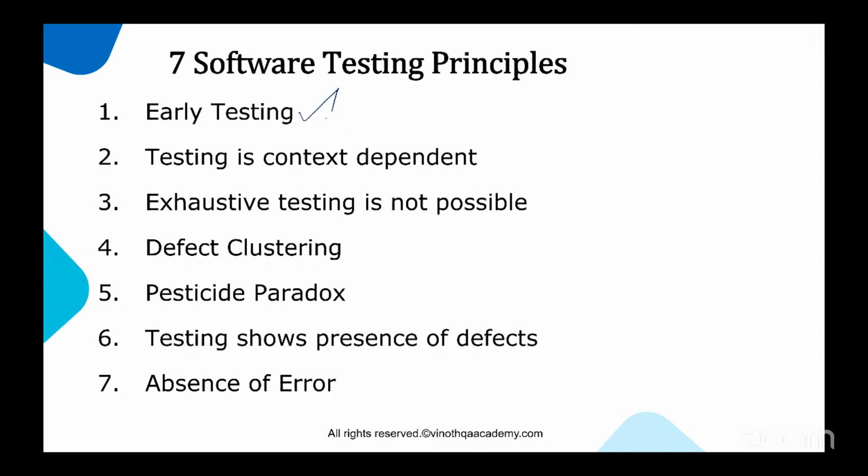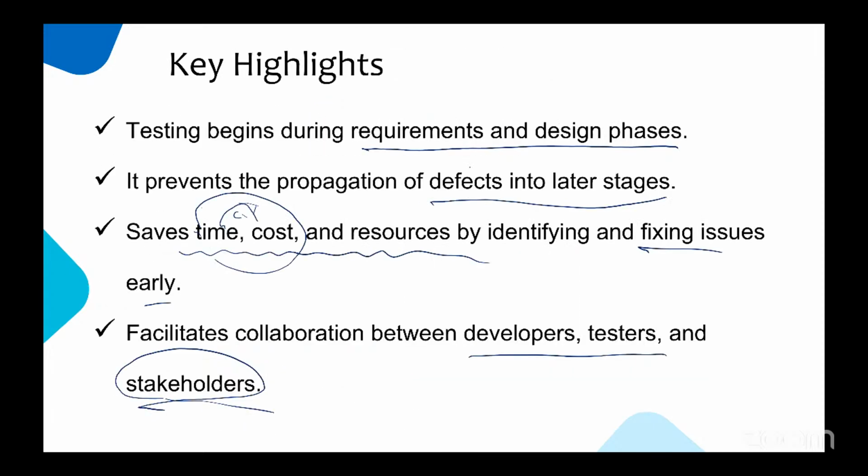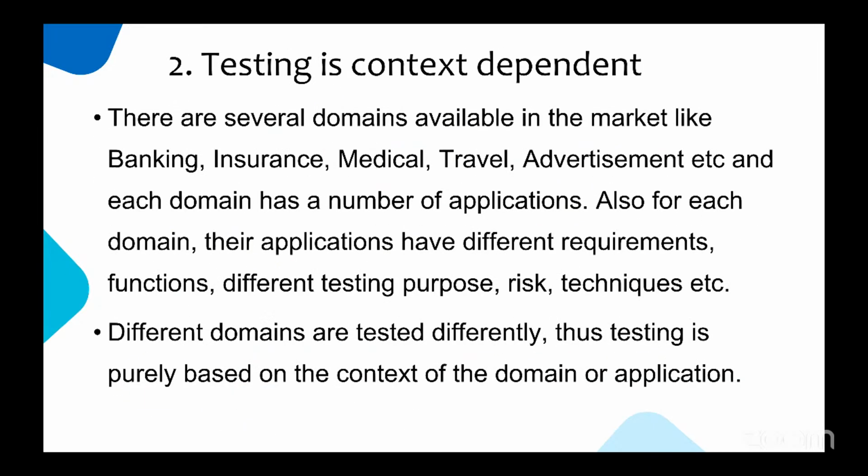Now comes the most important one. Testing is context dependent. What do we mean by context dependent? Generally, for non-IT people, there are so many domains, like banking, insurance, healthcare, and travel.